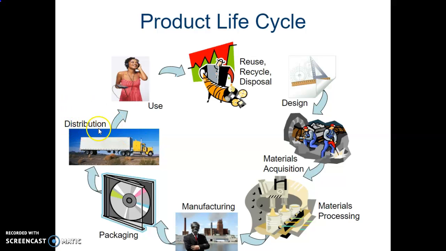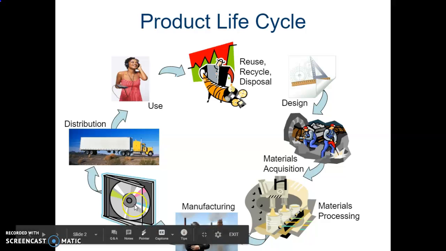This is called distribution. And then there's use. This is when you actually use the product. And then eventually it'll come to the part where you will reuse, recycle, or dispose of your product. Now in this example they use the CD. I know the CD-ROM is a little bit old school, but let's just go with it.